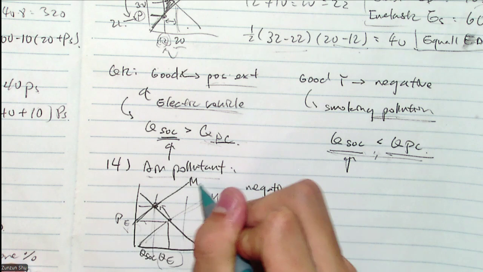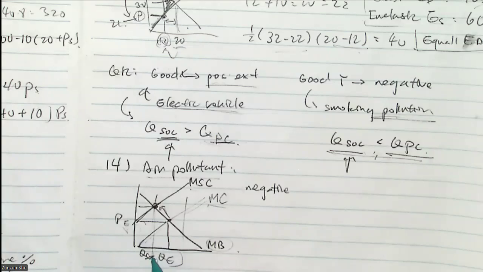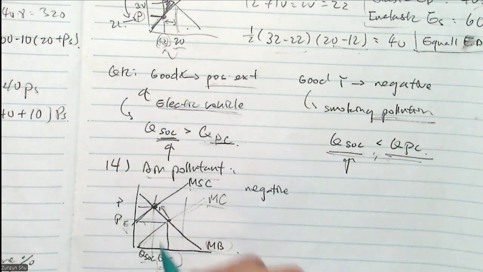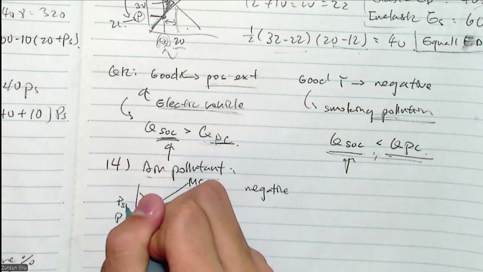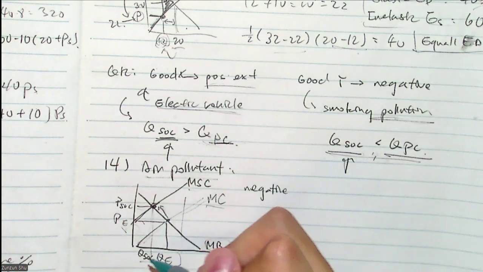This is your MSC, your marginal social cost curve. This is your normal marginal cost. You move it to your left, because your socially optimal quantity is less than your current one. You don't want that much of it. You also have to put it at a higher price to discourage people from smoking or producing these containers. And that's how it works.